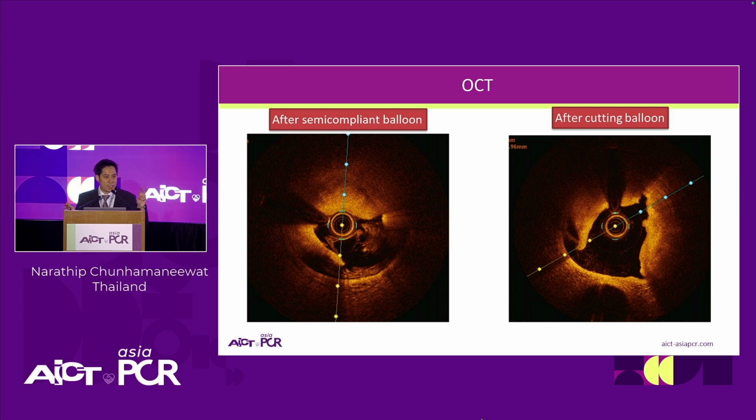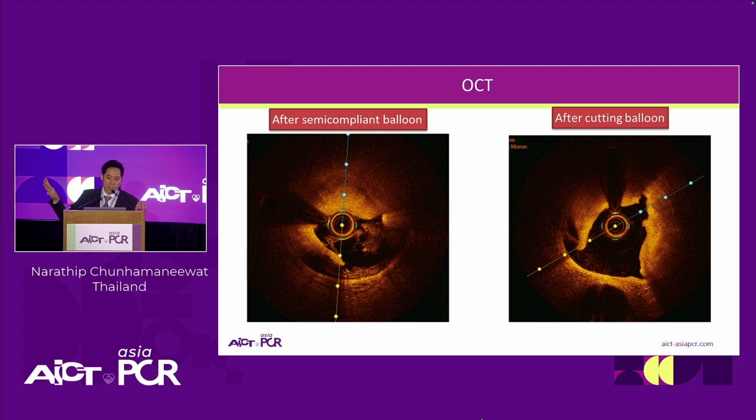The left one is after the semi-compliant balloon. When you do inflation, you transmit the force all over the surface of the balloon. So in very tough fibrotic plaque, you get luminal gain by making a dissection on the other side, on the normal vessel wall.